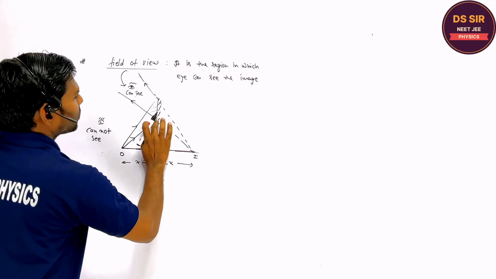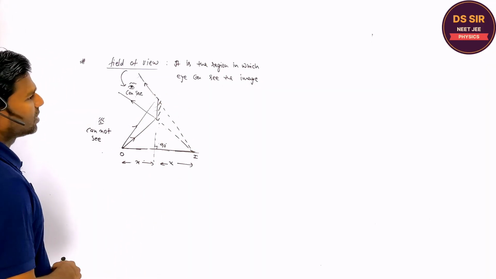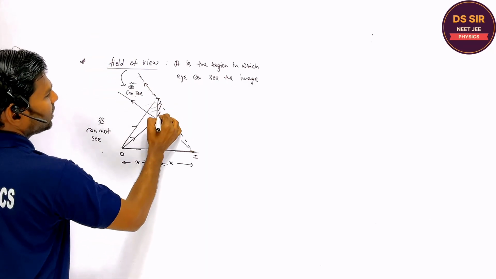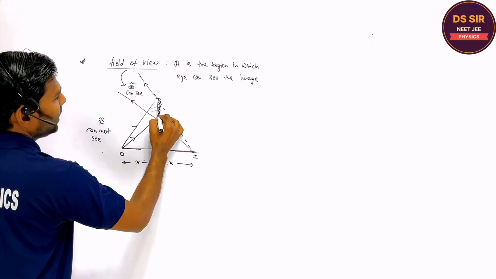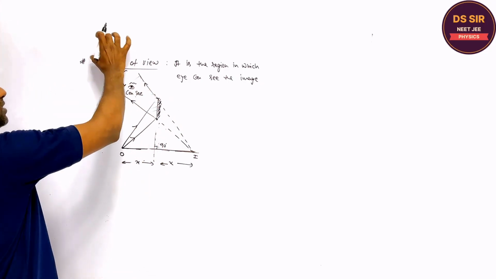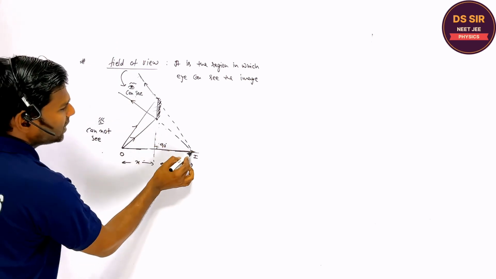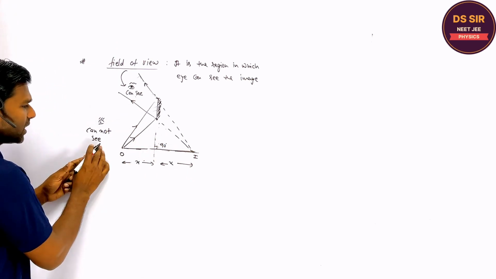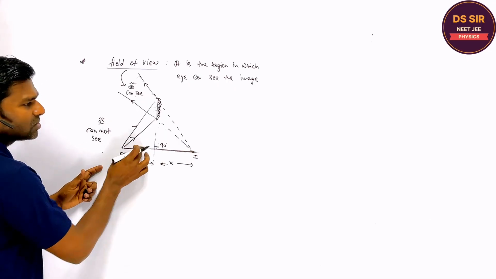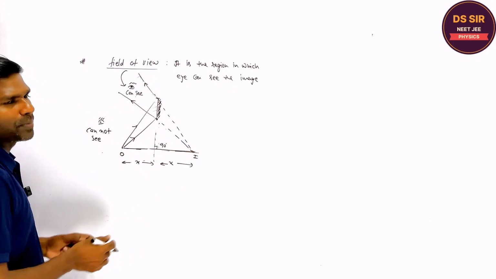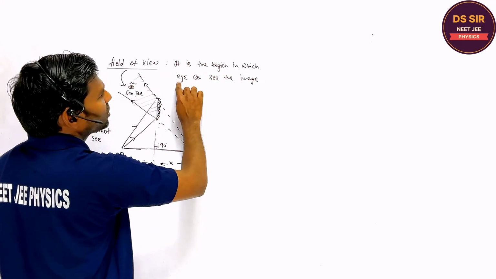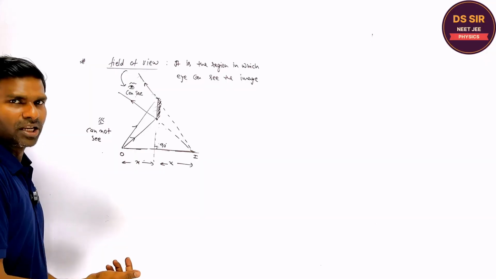This is the field of view. This is the mirror, the light rays from the starting and from the end you are taking, and this is the field of view where the image can be seen. If this is the object and you are putting your eyes here and there, near this, you cannot see because your eye is not present in the field of view. So field of view is the region in which the eye can see the image. Is it clear or not?